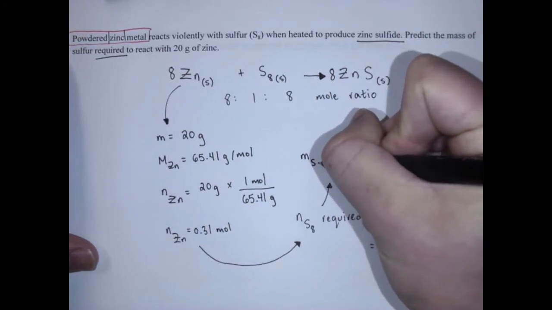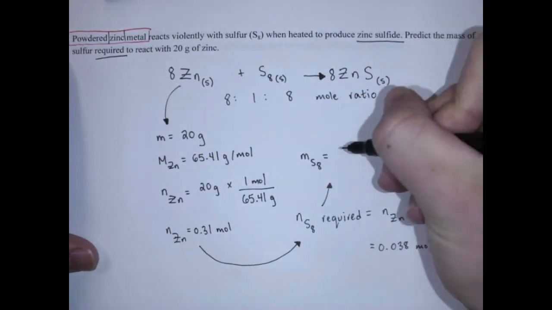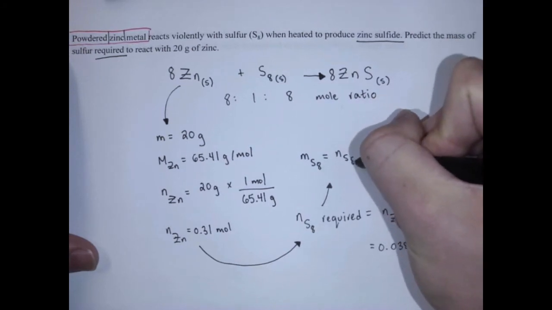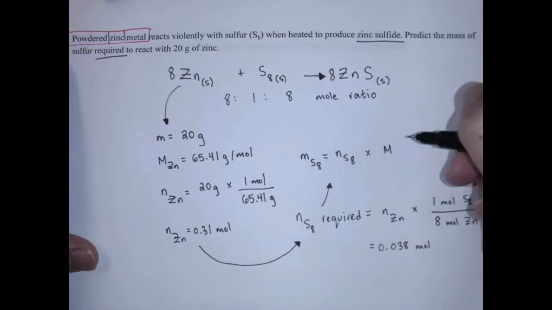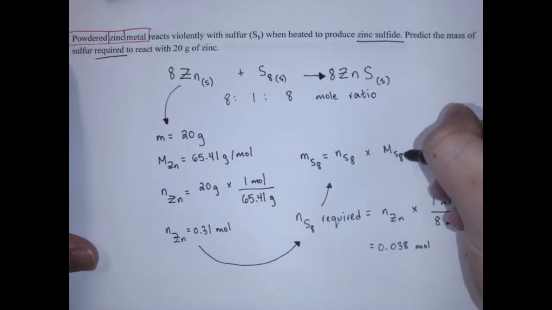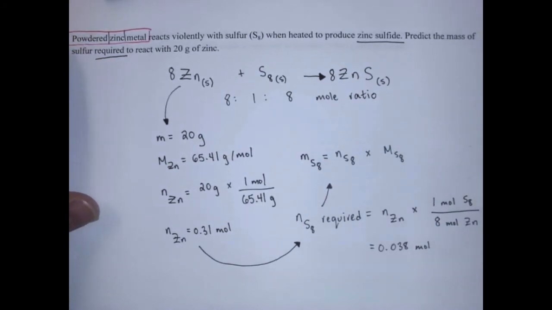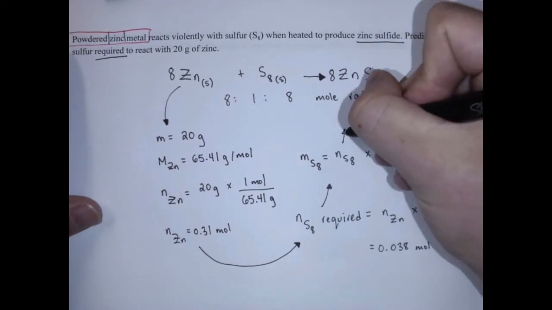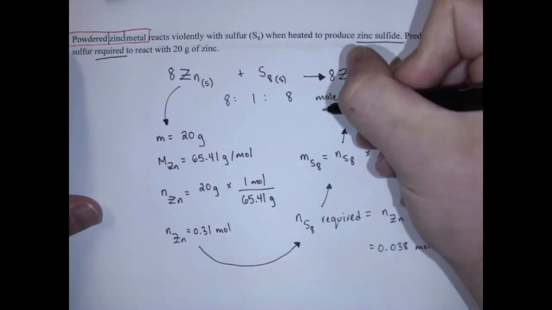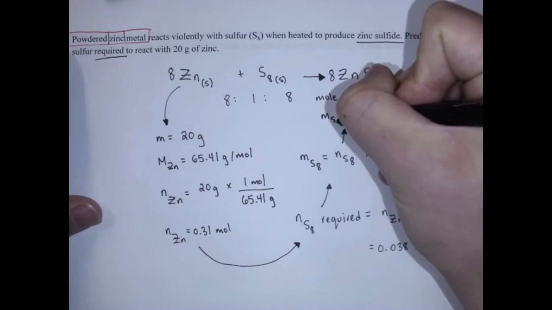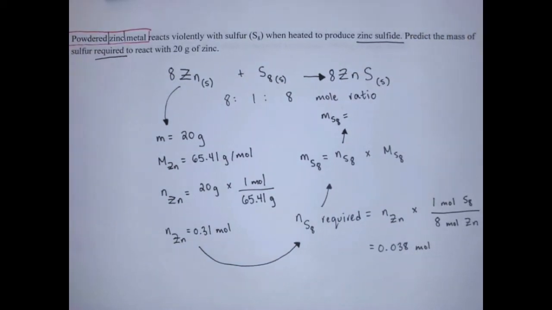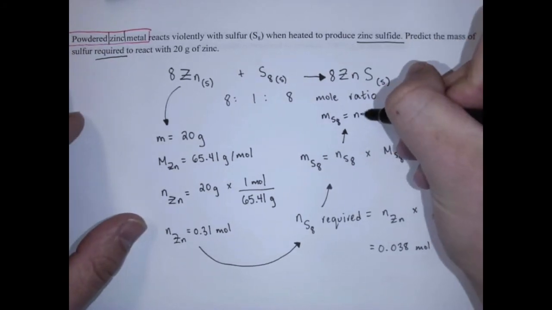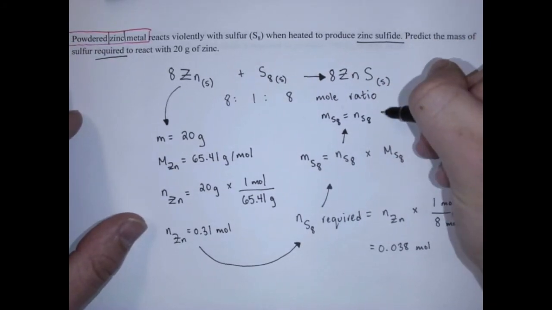So we could say the mass of sulfur equals the moles of sulfur times the molar mass of sulfur. So what is that going to be? My mass of sulfur equals, well, I'll write moles of sulfur like that.